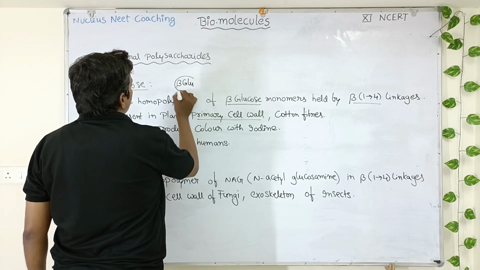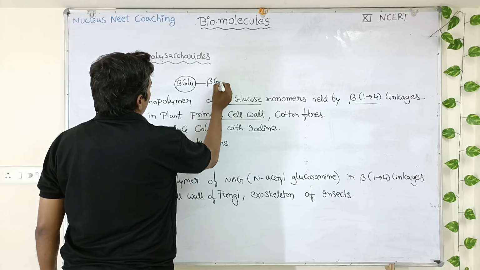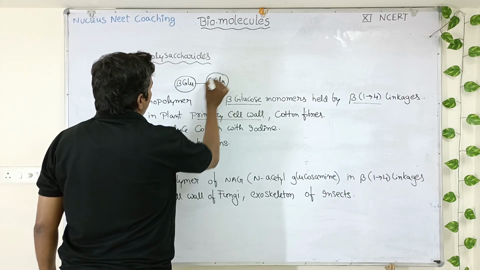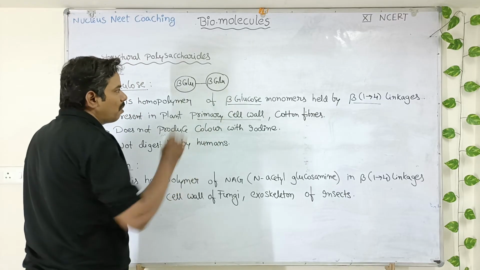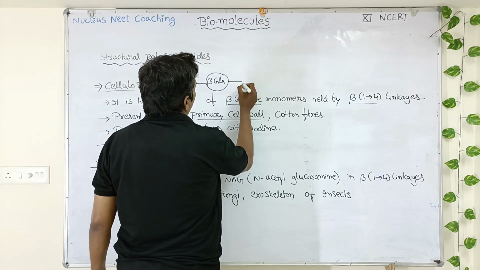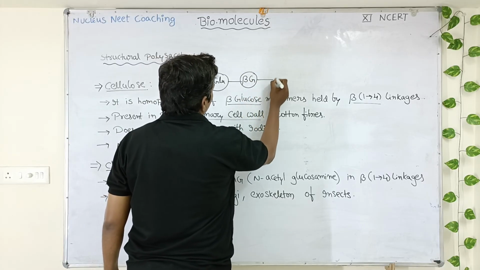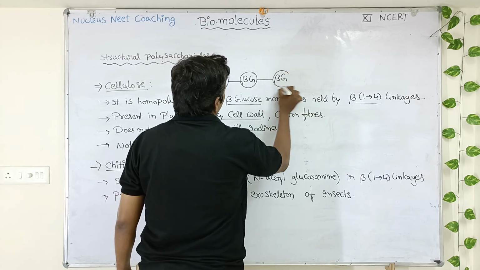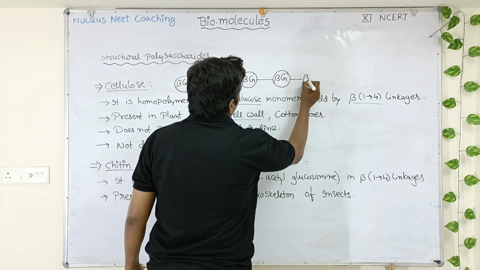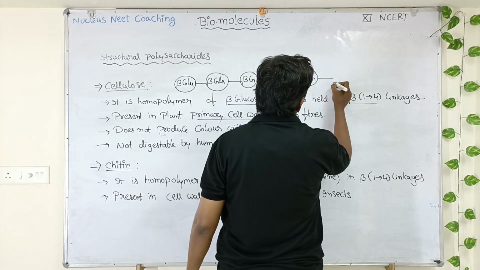One beta glucose molecule is attached to another beta glucose molecule by a linkage called beta 1 to 4 linkage. Like this, the process repeats again and again between the beta glucose molecules to form a long chain which results in formation of cellulose polysaccharide.